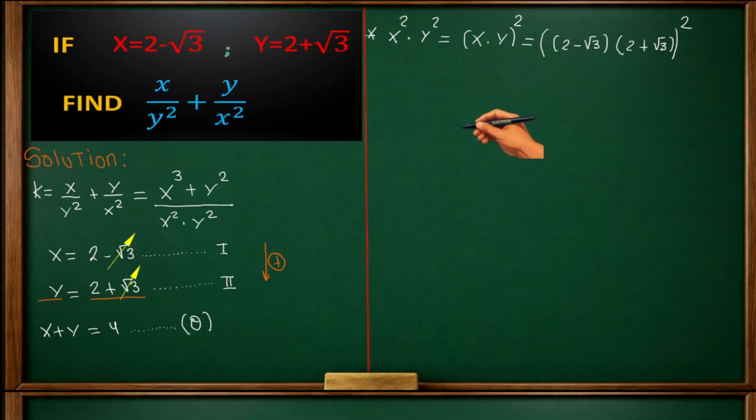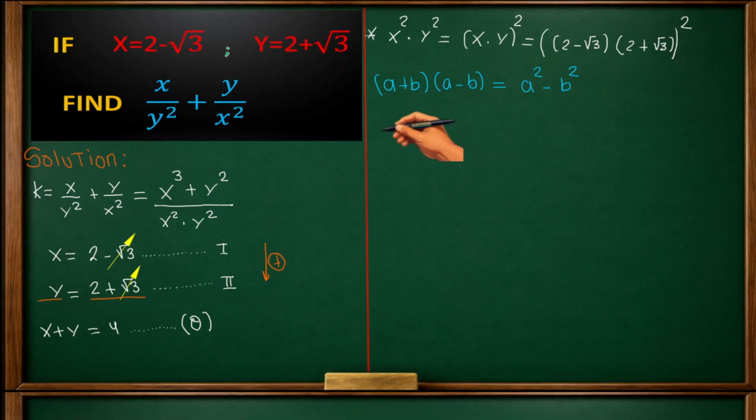Remember the difference of squares? a plus b times a minus b is a squared minus b squared.